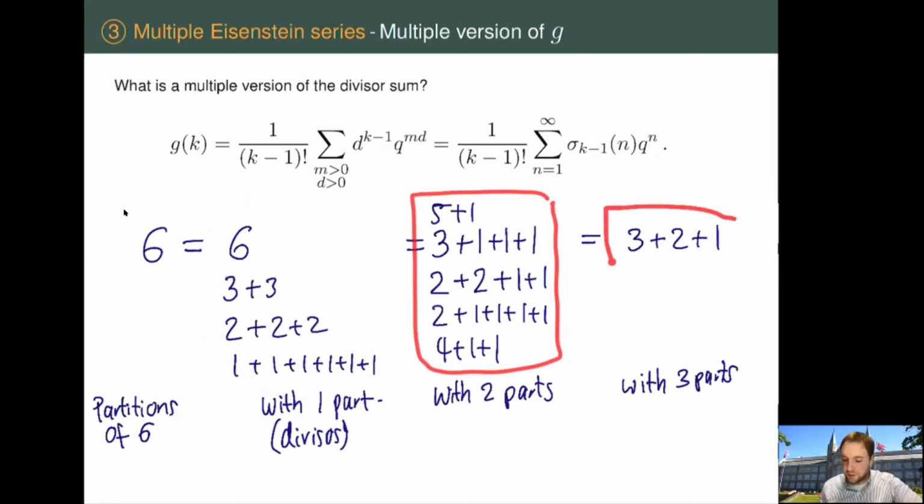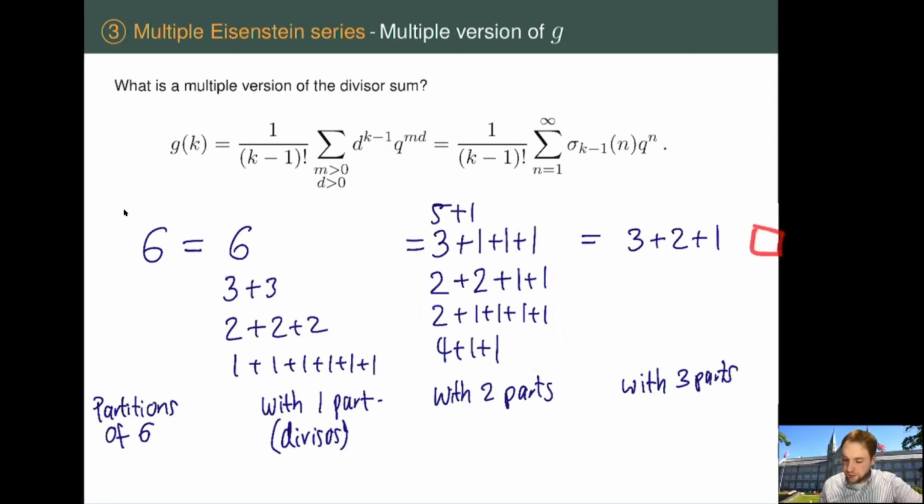In depth 3, we will consider the partitions of 6 with 3 parts. And in depth 4, there are no partitions of 6 with 4 different parts. Therefore, the coefficient of q to the power of 6 in depth 4 will be 0.